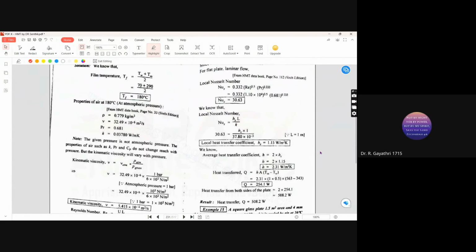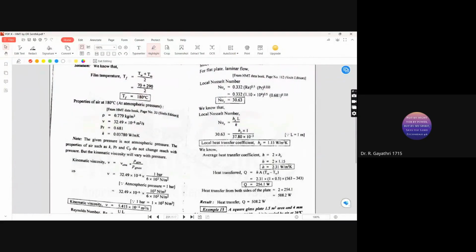Here the given pressure value is 6 into 10 power 3. So they kept only kinematic viscosity at the given pressure condition on the left. They moved other known terms to the right. By substituting mu atmospheric, pressure atmospheric and pressure given, we can find kinematic viscosity at a pressure of 6 into 10 power 3 Newton per meter square.